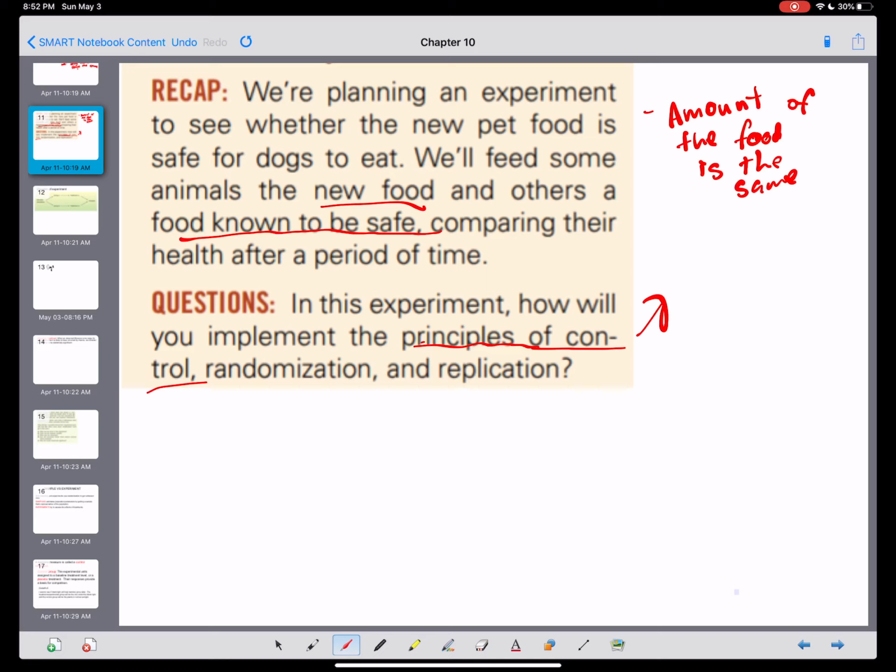Sometimes you don't have control, but it's nice to say it. You want to make sure that the housing is the same. You want to make sure that the dogs are in similar or the same housing situations.